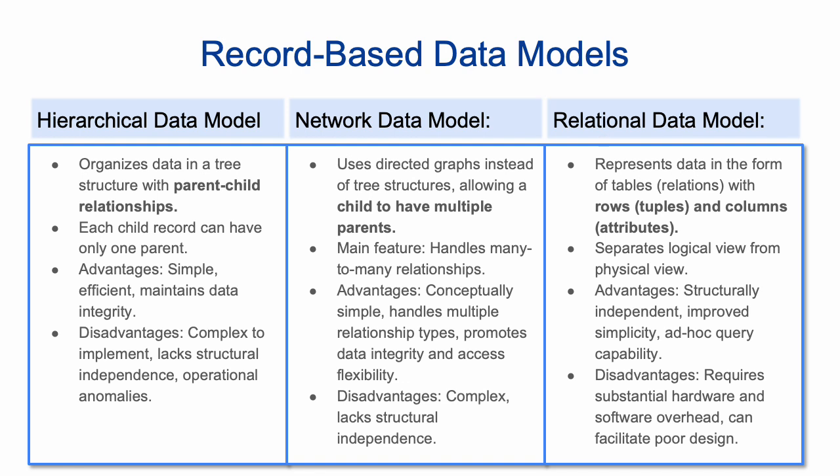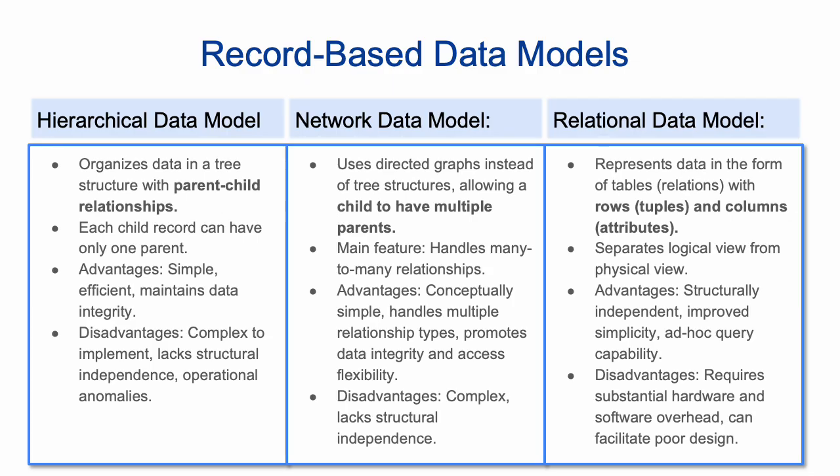As you can see in the slides, you can read by yourself the difference between these three. The hierarchical data model organizes data in a tree structure with a parent-child relationship. Meanwhile, the network data model is more like a child having multiple parents.